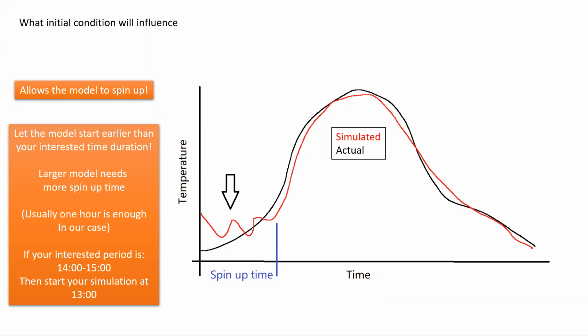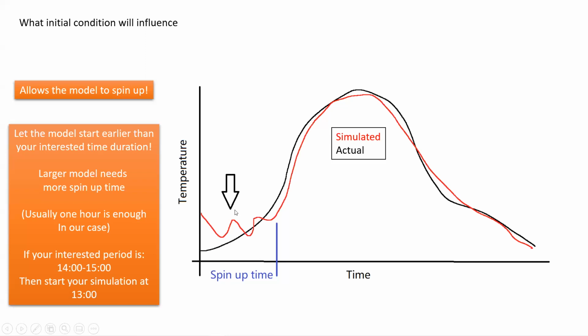You can see here, at the beginning, the initial temperature is different from the actual air temperature. So your model will experience some fluctuation, and it will adjust itself. And after a short period, everything becomes stable, and the influence of the initial condition is minimized. That period of time is called spin up time.